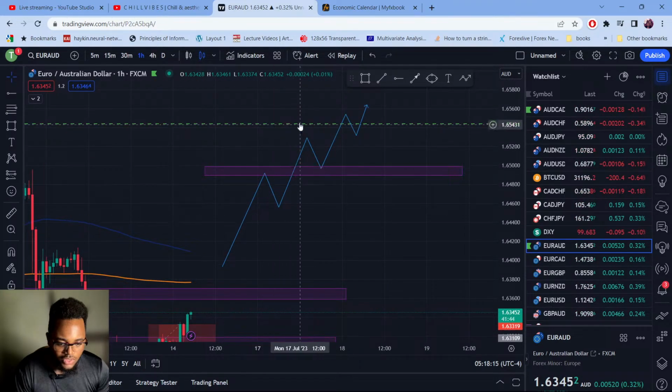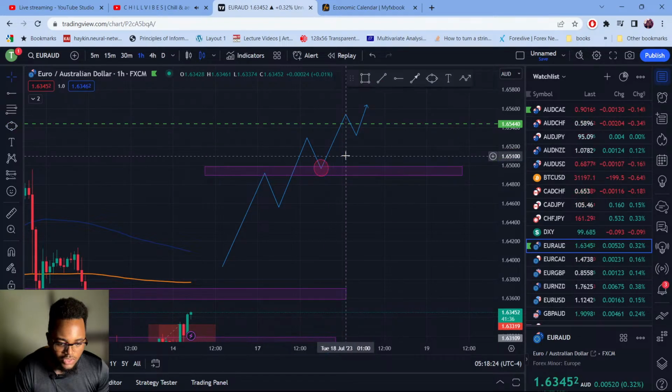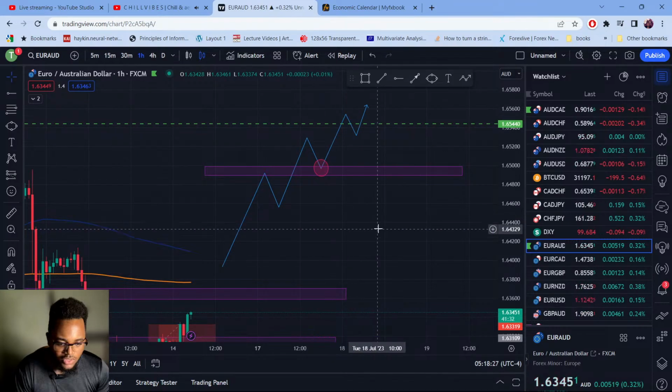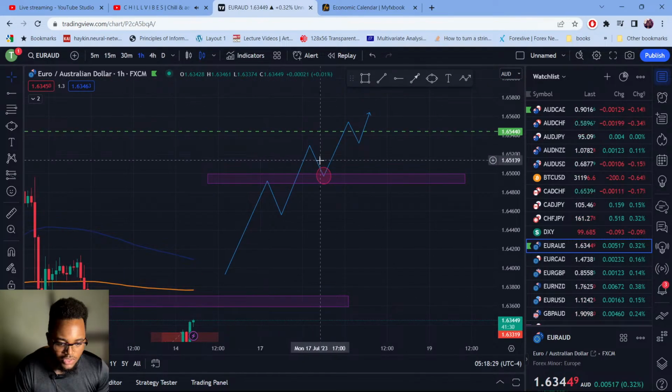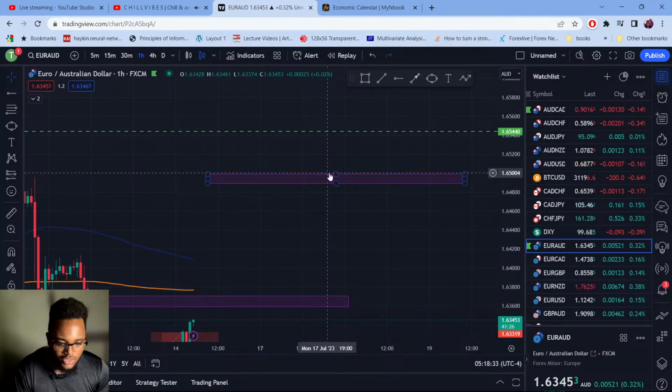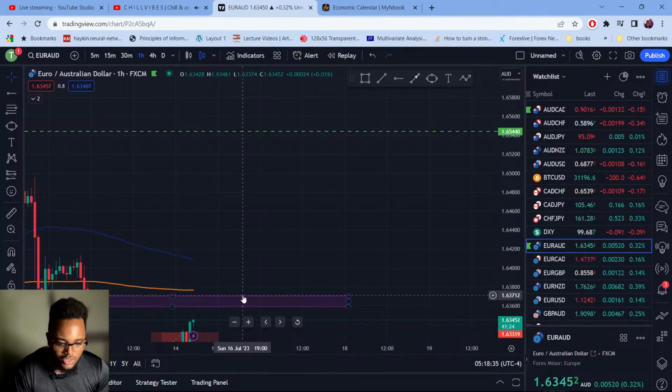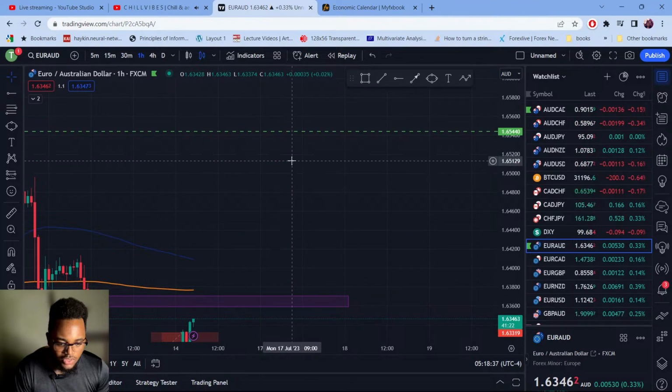So price does that, and at that point we get that additional whatever we need, right? That extra strength to continue printing higher. And that's just how I feel. It may seem complicated to you, I don't know, but for me, it's just understanding, especially when there is some divergence between price action and fundamentals.